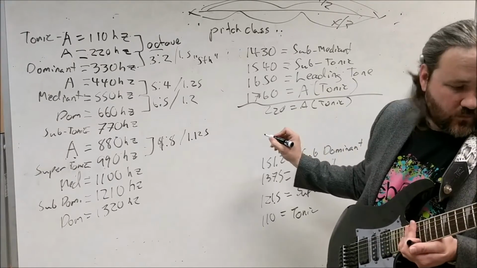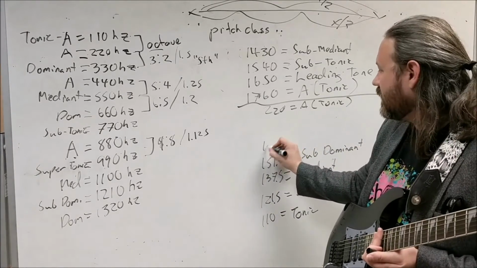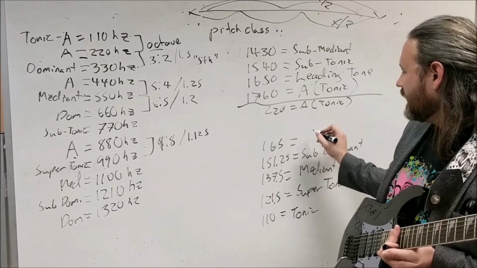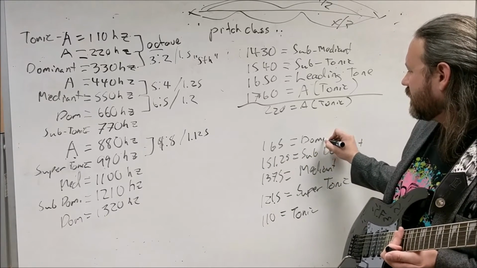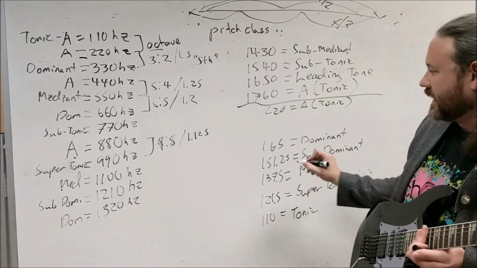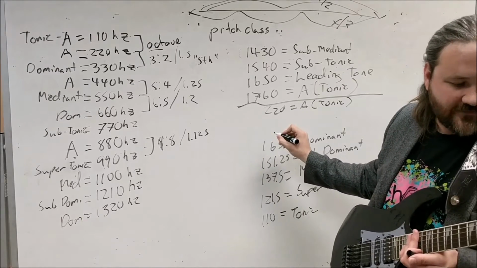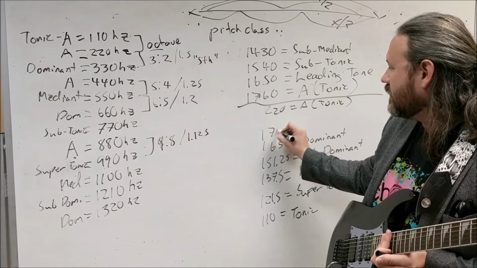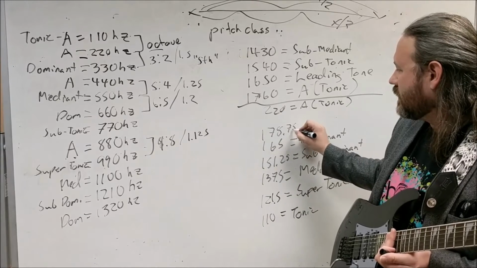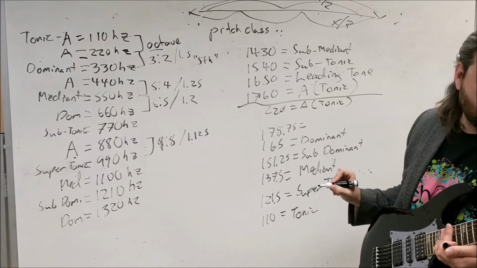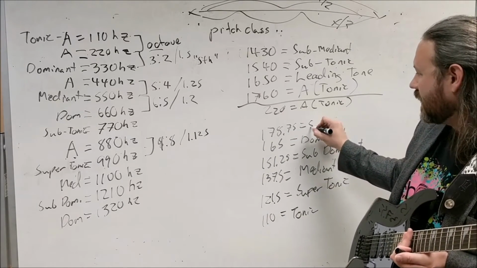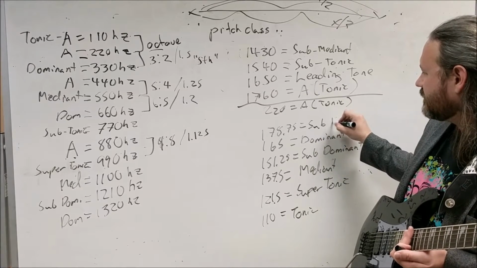We're going to get a 165, a little more round number. That's going to be our dominant. We're going to get a 178.75, which is going to equal our submediant.